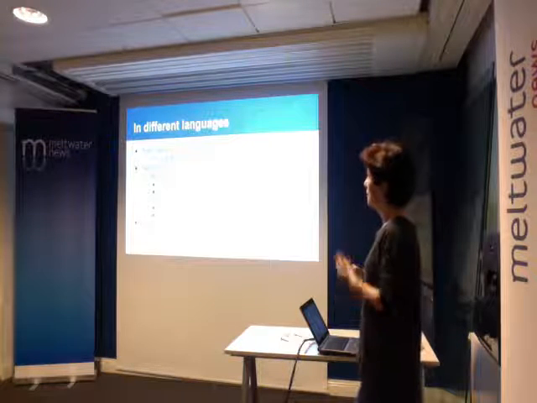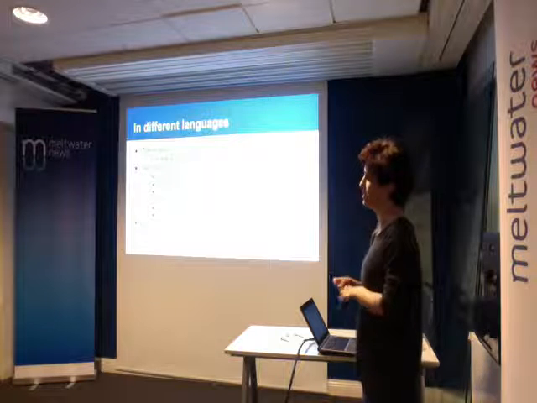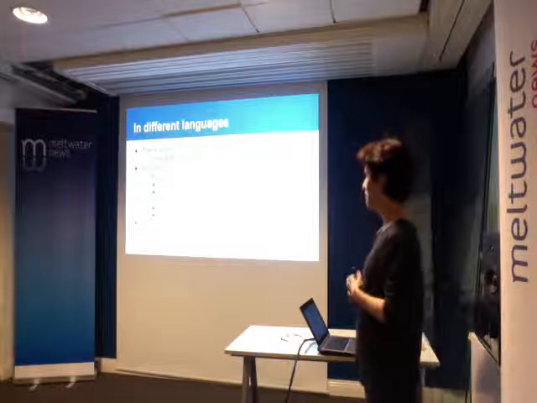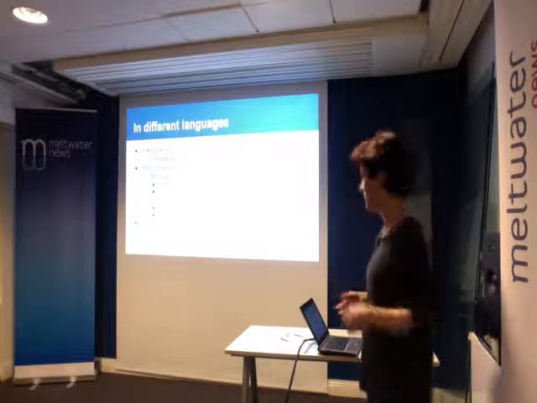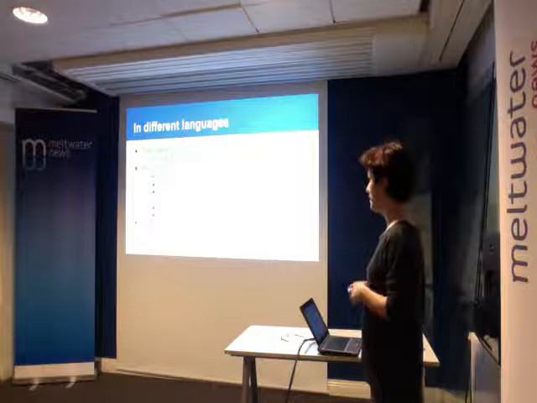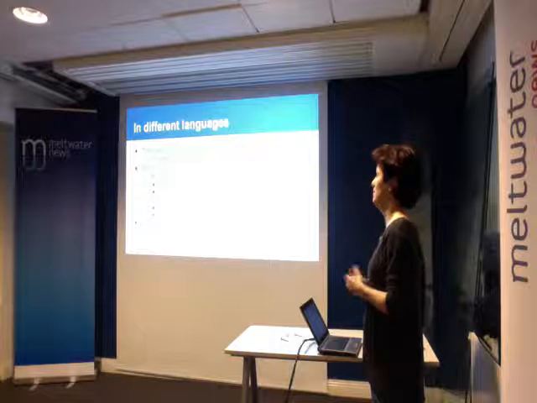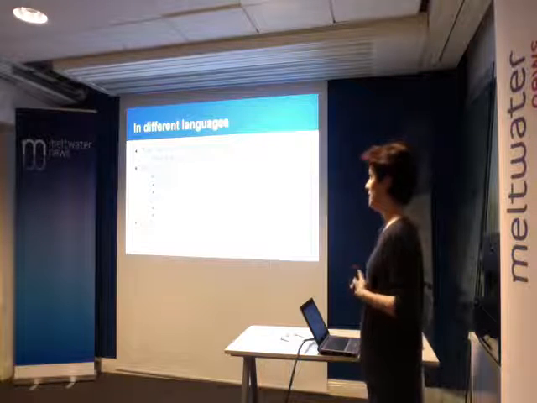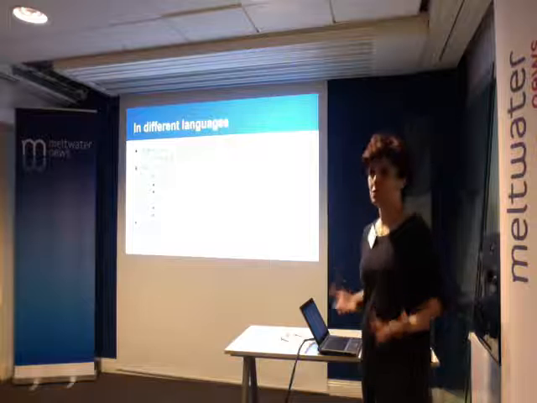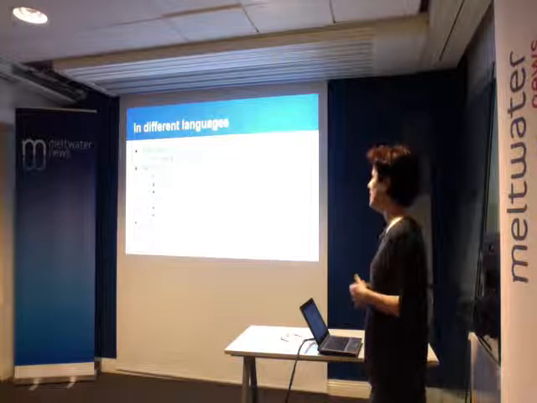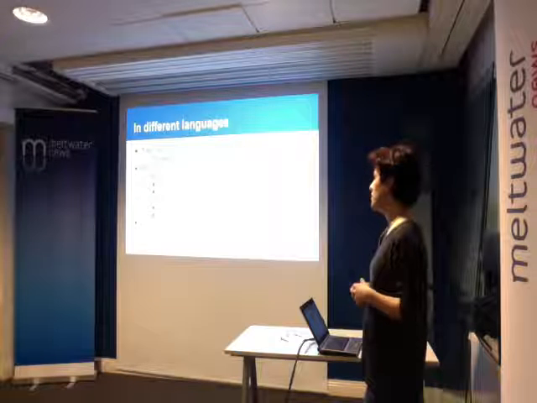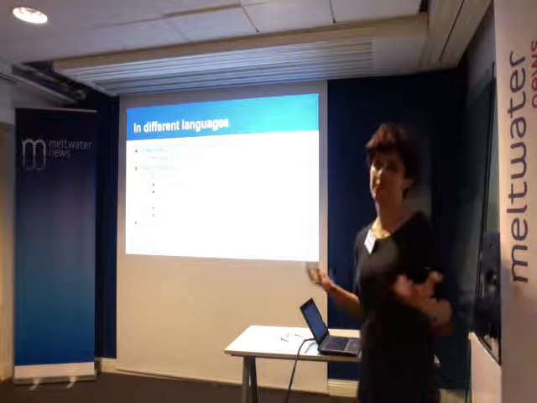Chinese and Japanese words are not separated. Part of speech, as we said, is different in English compared to other languages. In Finnish, we have more than 10,000 forms of verbs, which makes NER more complicated. And the shape feature is not always a helpful feature.